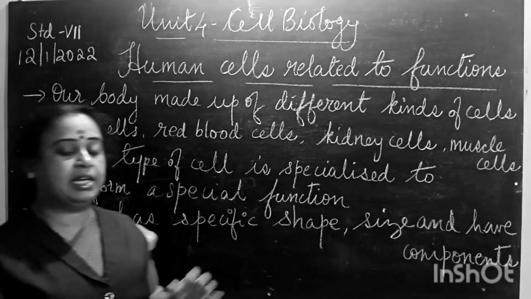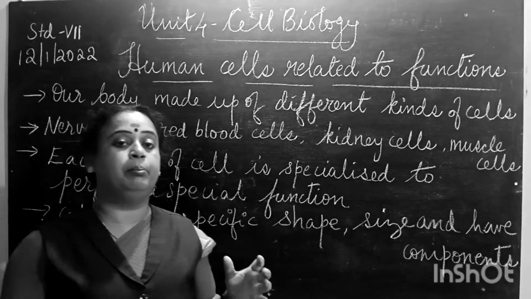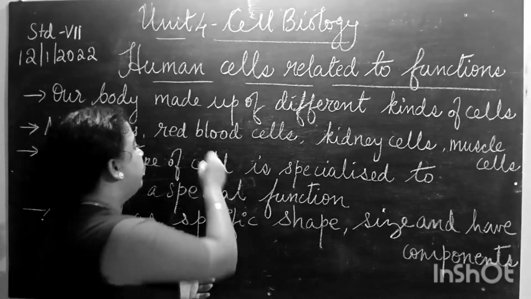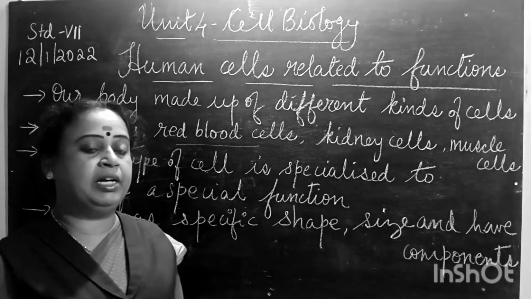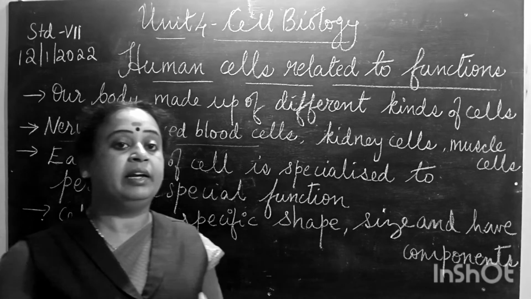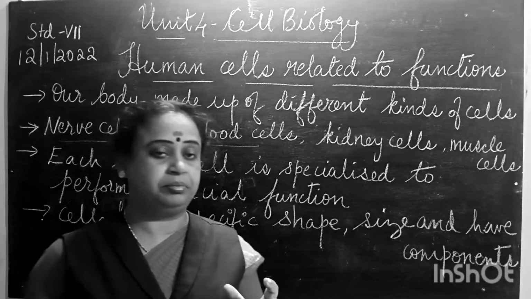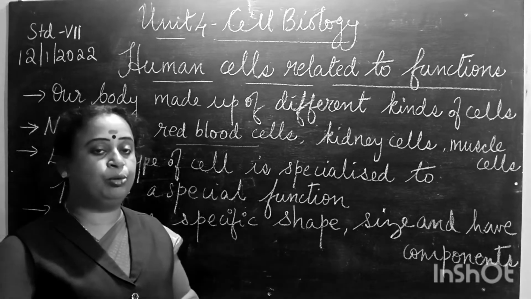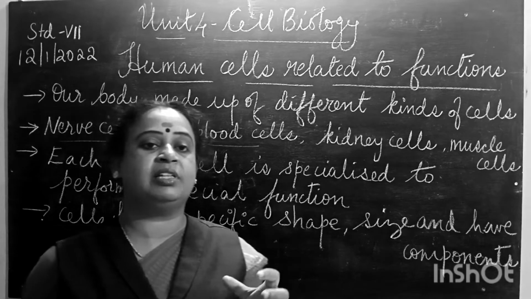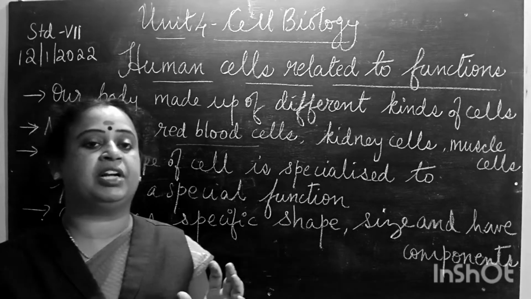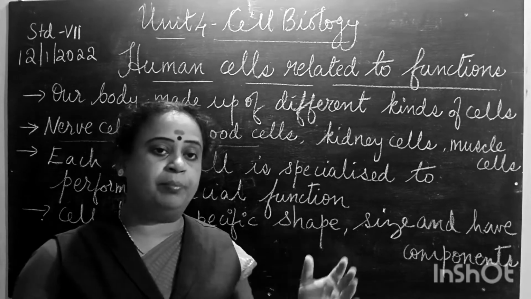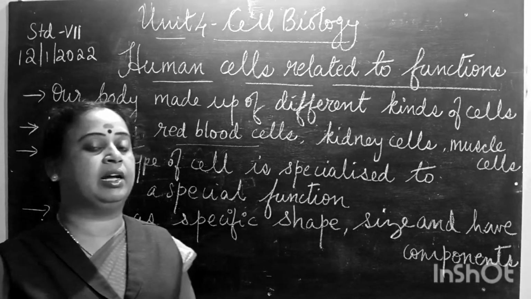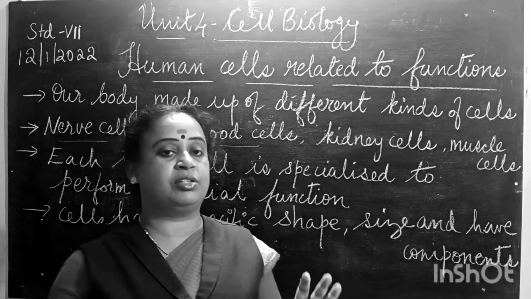Now red blood cells. As we know, the red color of the blood present in our body is because of the presence of red blood cells. So what is the role of red blood cells? It carries oxygen. The red color pigment is called hemoglobin, and this hemoglobin, which is present in the red blood cell, is responsible for the transportation of oxygen from the lungs to different parts of the body, and from different parts of the body to the lungs, carbon dioxide is transported.